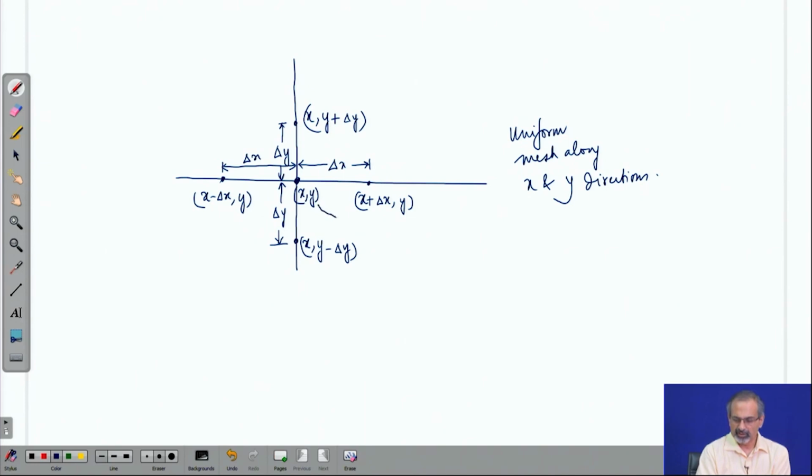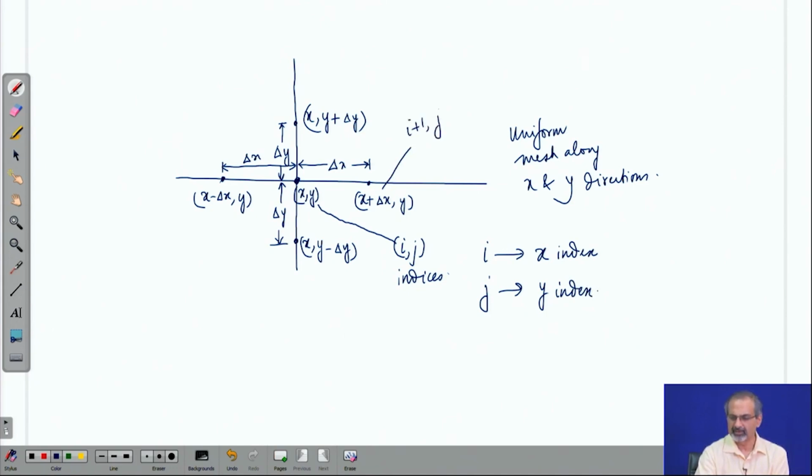You can also call this point as I j in the form of indices. So, I gives you the x index, j gives you the y index of that point, which obviously means that this neighbor will have an index I plus 1 j, while this would have a I minus 1 j, while as you move in the y direction, the I does not change, the j changes.